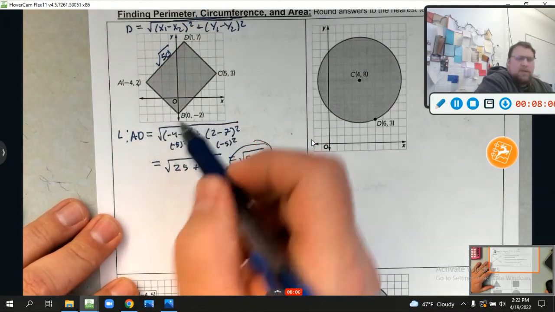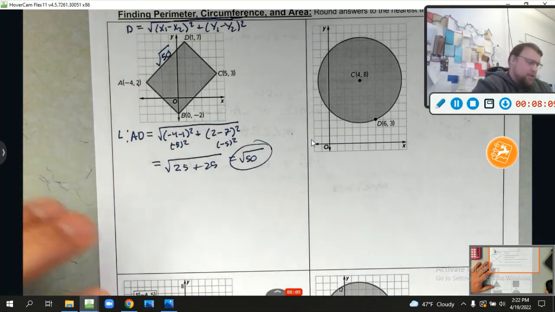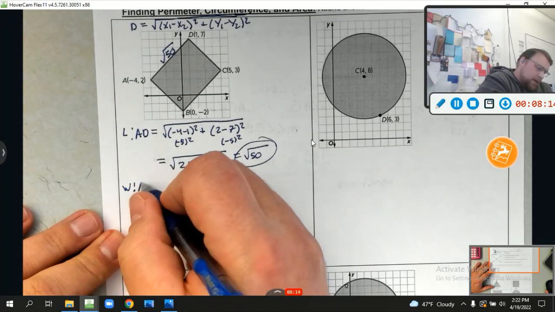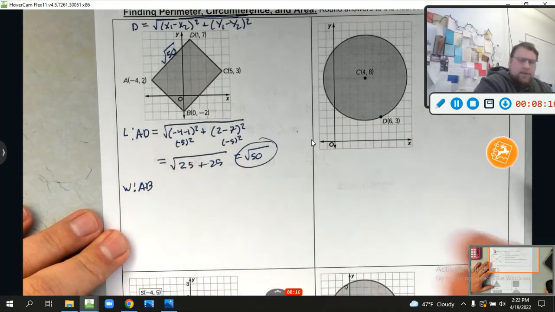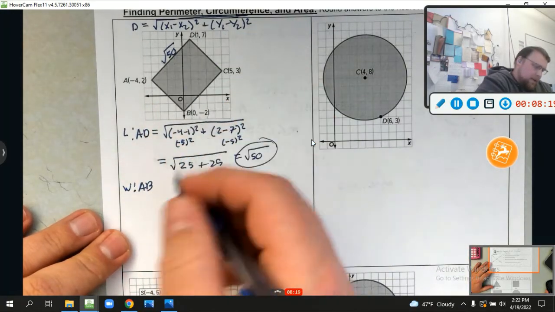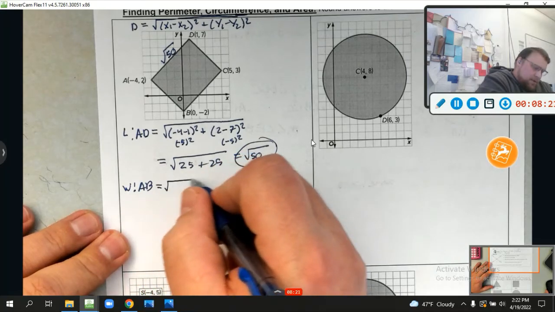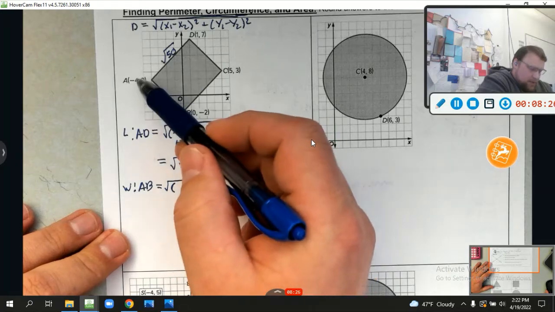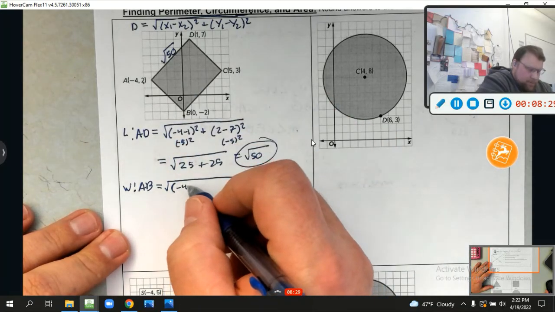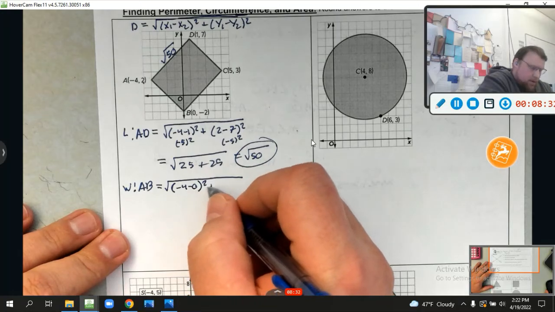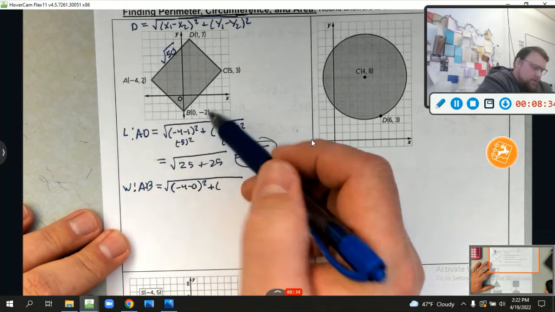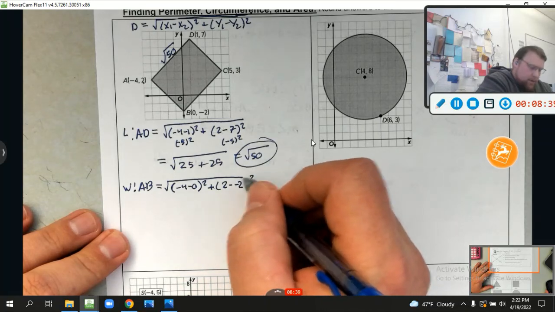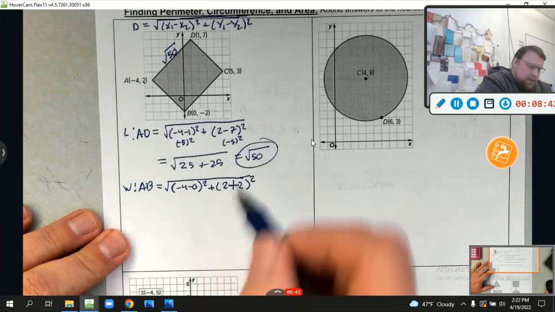Now we need to find the width. As long as I have length and width, I can do all my different formulas. So my width is going to be AB. Again, you could find DC, it doesn't matter which, but I'm just doing AD and AB. And AB is equal to the square root of the difference of my x's, so negative 4 minus 0 squared, plus 2 minus negative 2 squared, which is good because this becomes a plus.